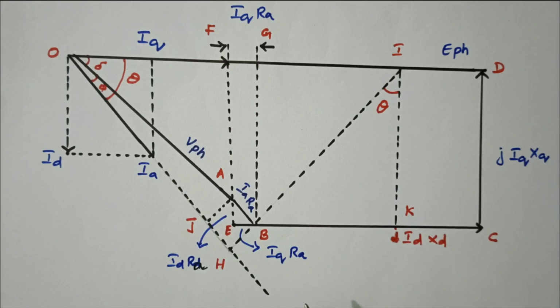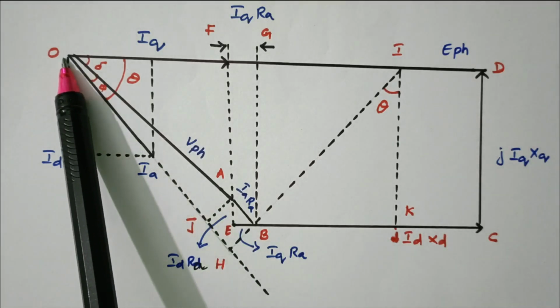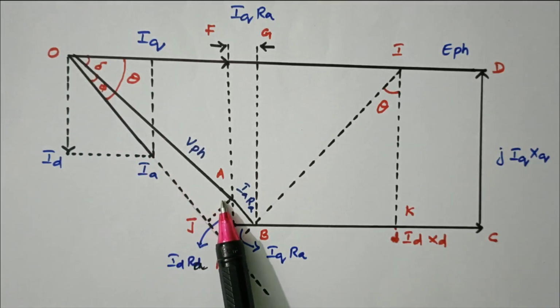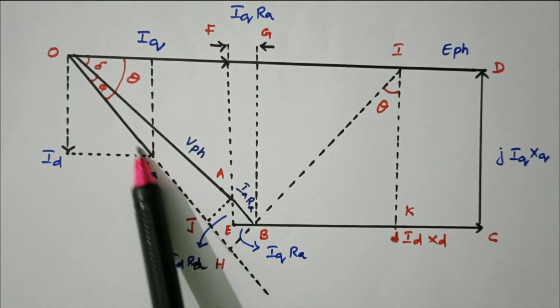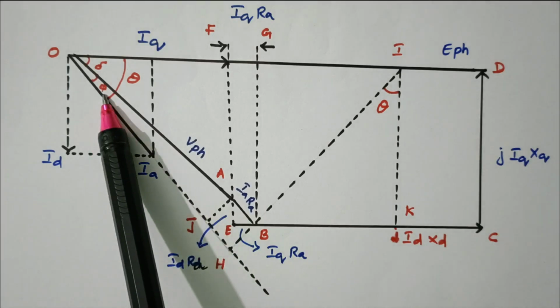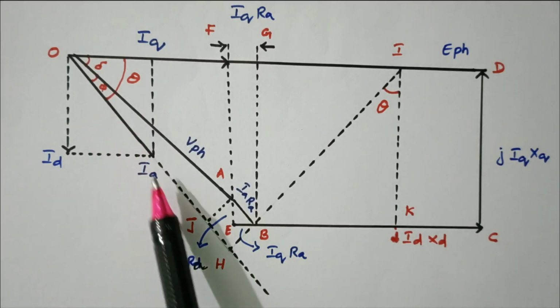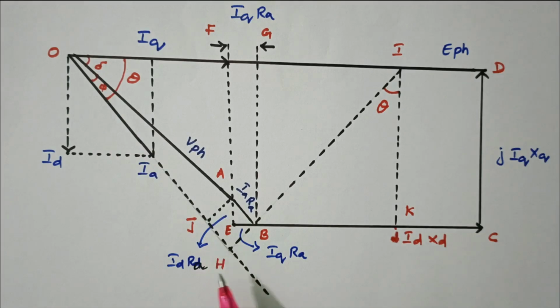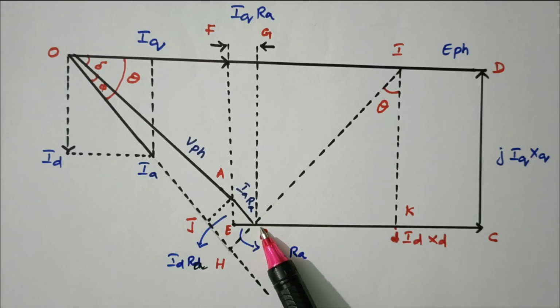Now consider another triangle OAJ. This is OA, then J, this small triangle with an angle psi. From that we are able to find the BI. This BI is already calculated. Here we can calculate OH.